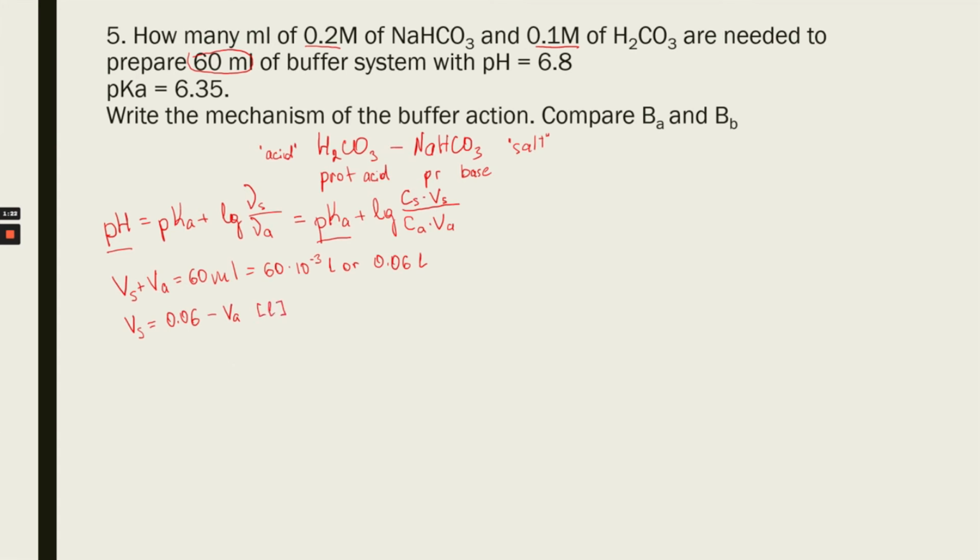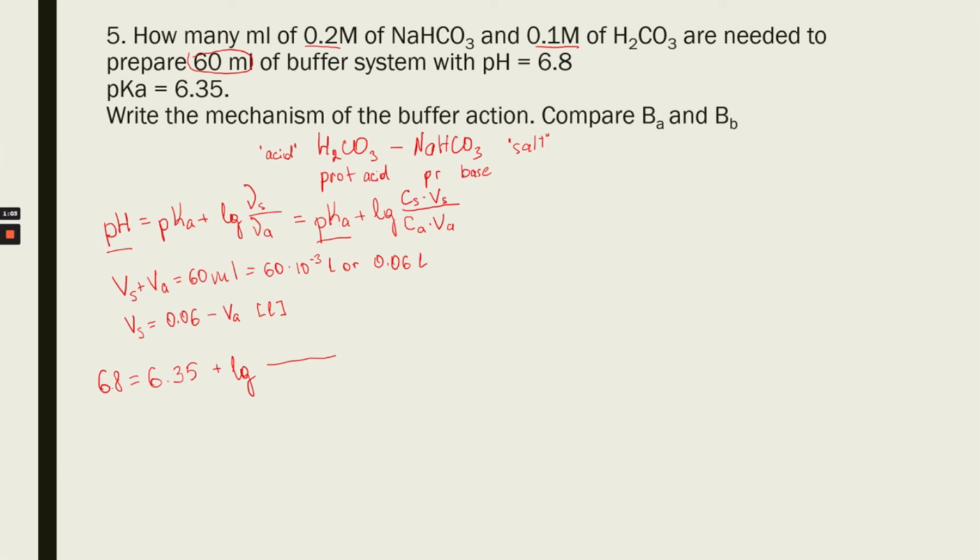So let's put all the numbers inside the main formula. 6.8 is equal to 6.35 plus logarithm. Now we will put the concentration of salt.